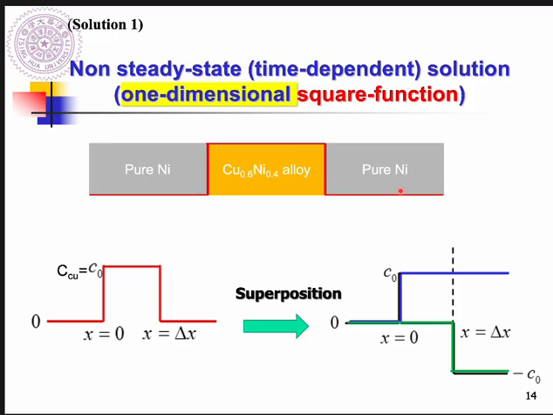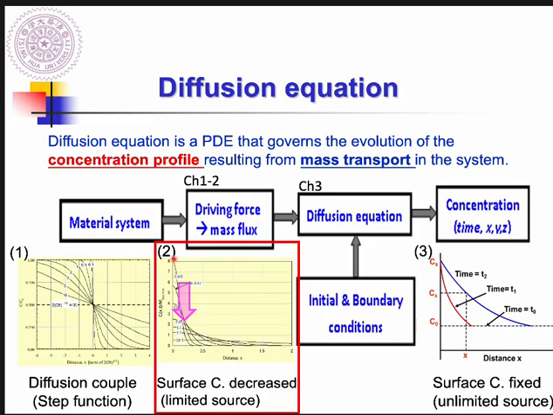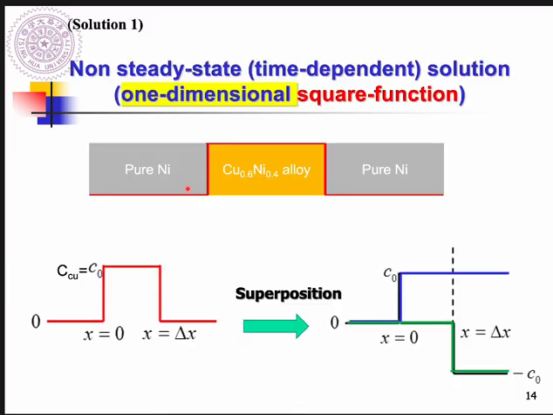A square function for the diffusion source. But the case we discuss here is not that case. We have just half of that, which means we have a limited diffusion source on the top of our substrate, not in between two materials. So how do we modify the corresponding solutions here?